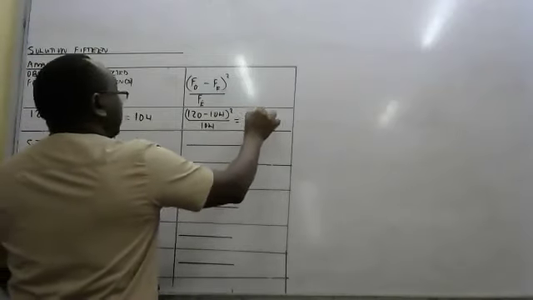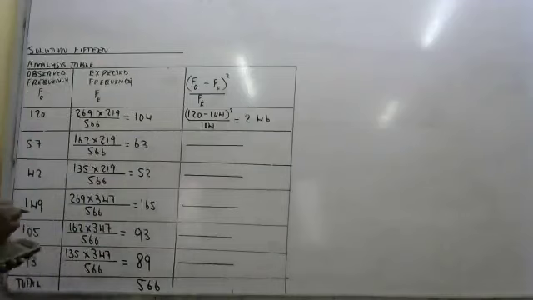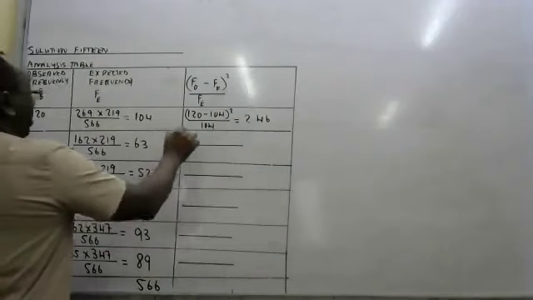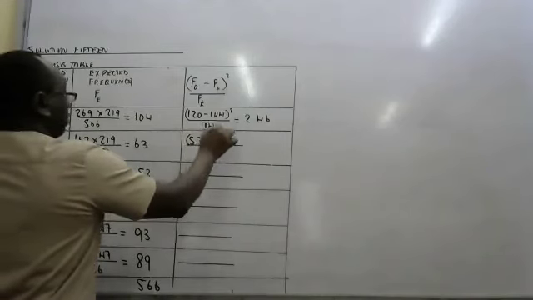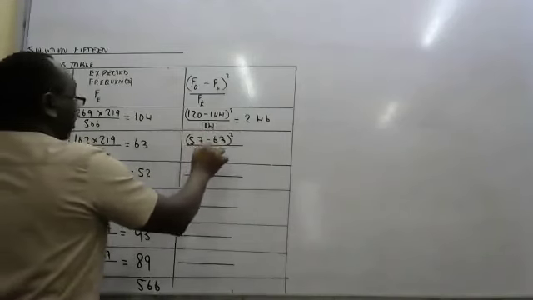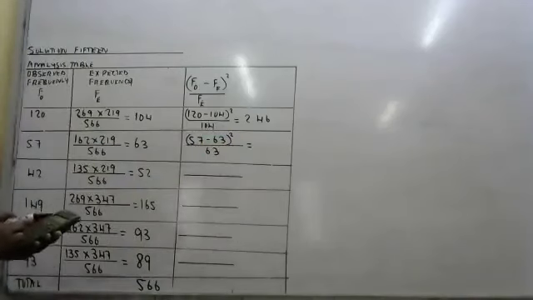We can confine ourselves to decimals, 2.46. Hii ingine itakuwa 57 minus 63. You square, you divide by 63.